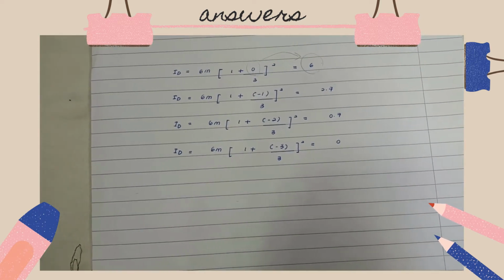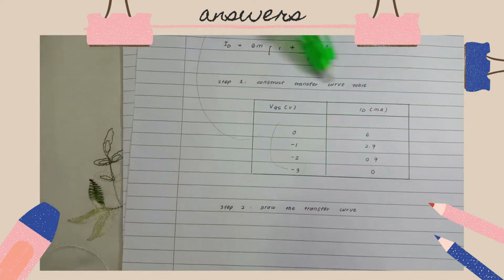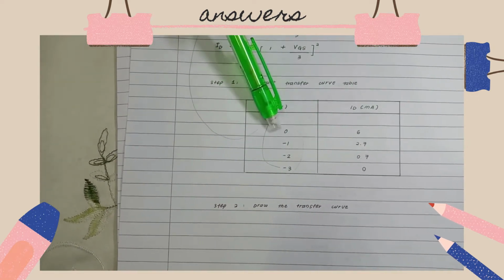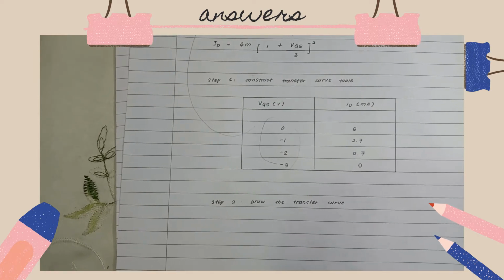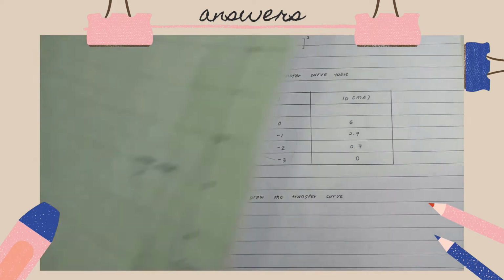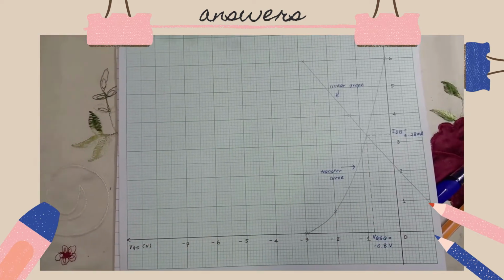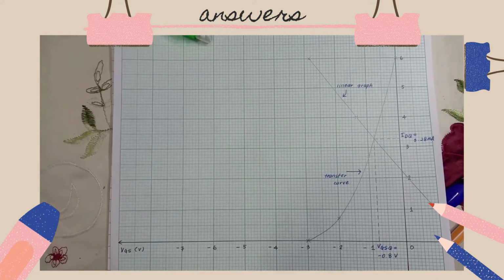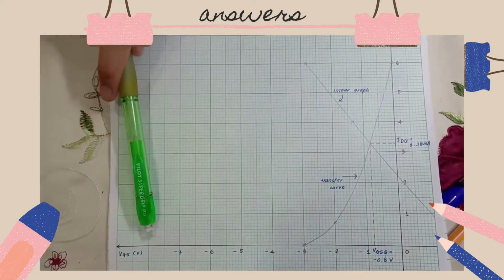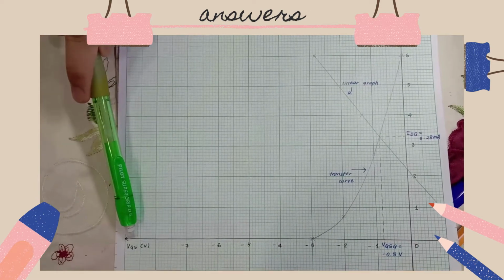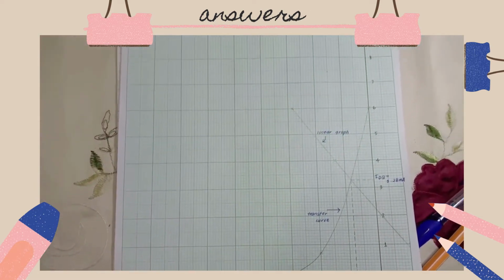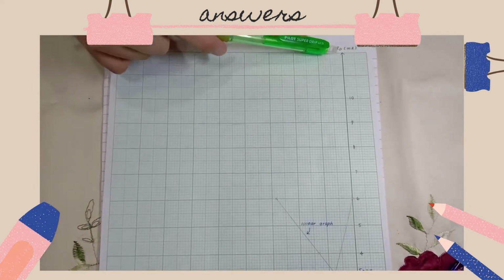And insert all the information in the table here into the graph paper. So for FET DC analysis, the graph paper is a very important thing. At the x-axis is VGS value, and at the y-axis is ID value.